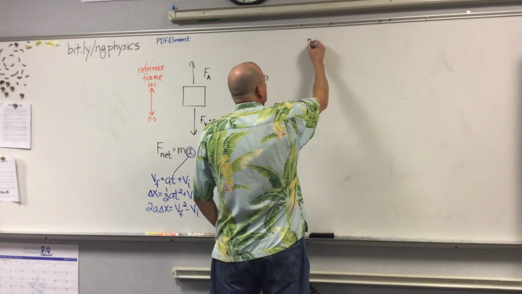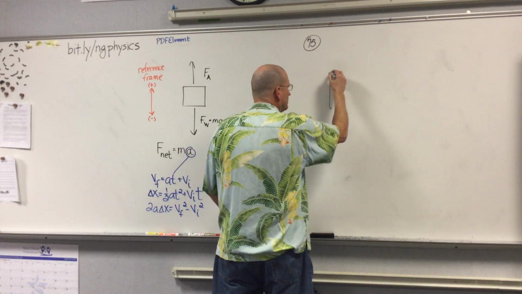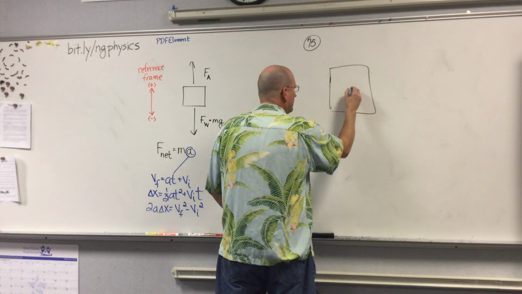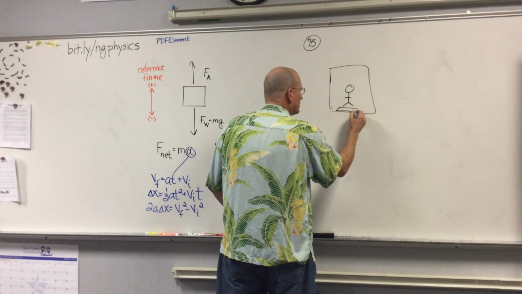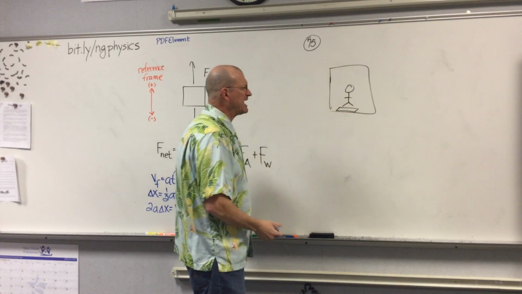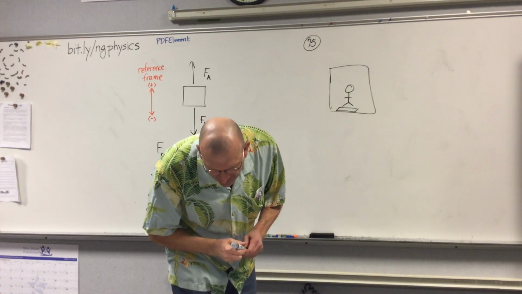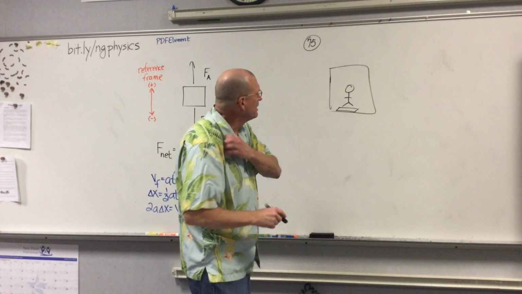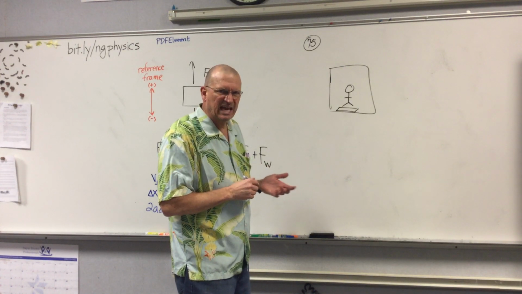Now for 75, this is about a person that's in a, this is a really lame drawing, who is standing on a scale in an elevator that's being moved upward here. And they want to know what is the reading on the scale.